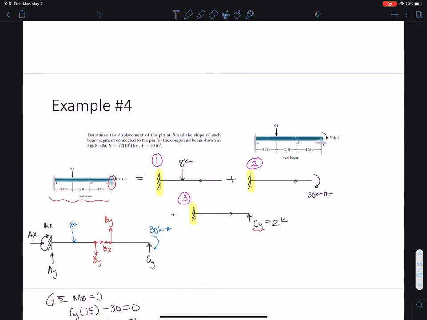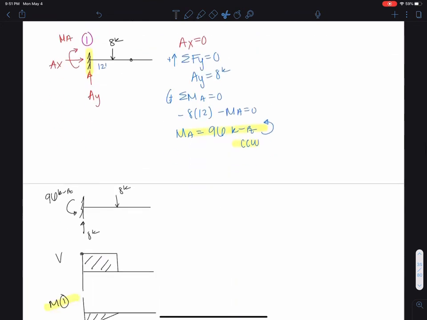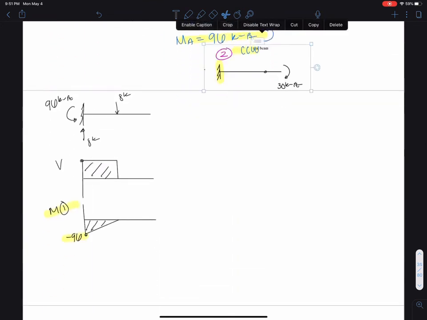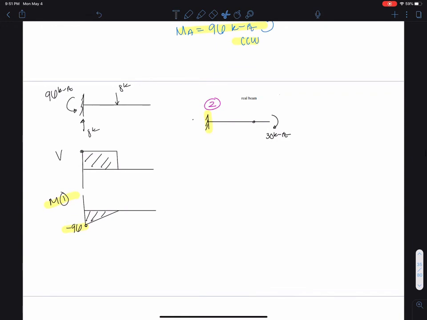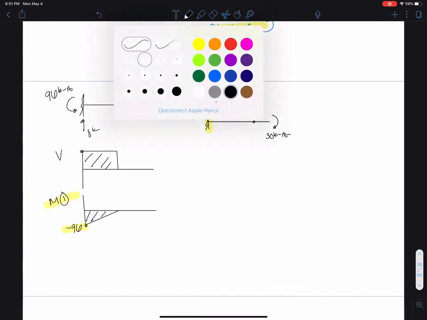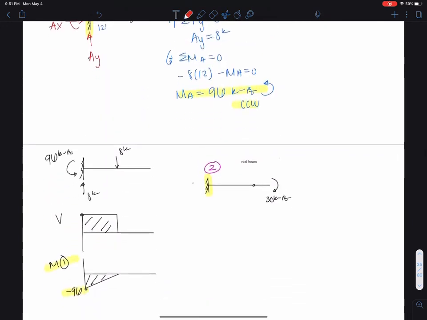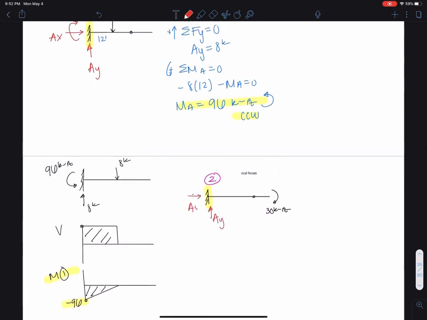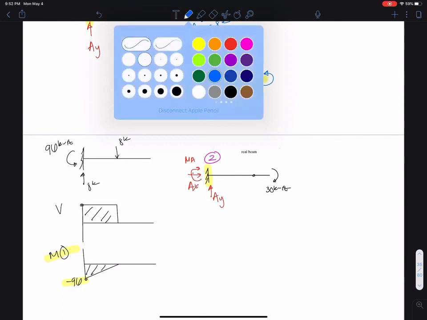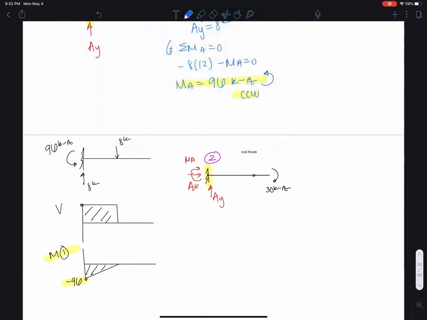Let me copy case 2. Okay, and again, now we can solve, let's do the same directions here. AY, AX, MA, and this is just for the 30 kip foot moment now. So we're going to see that here we actually have an AX value, which is 0 from sum of forces.